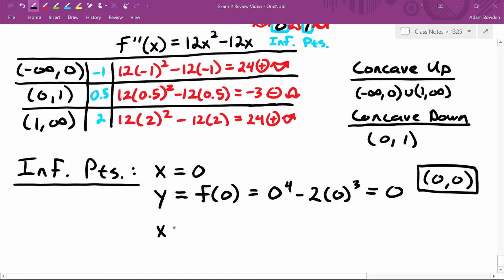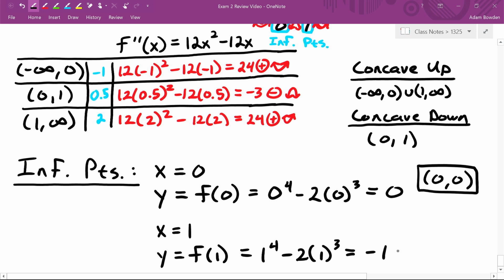And then we have another inflection point for x equals 1, and y would be equal to f of 1, 1 to the 4th minus 2 times 1 to the 3rd. That would be equal to negative 1. And so the point 1 comma negative 1 is also what we refer to as an inflection point.